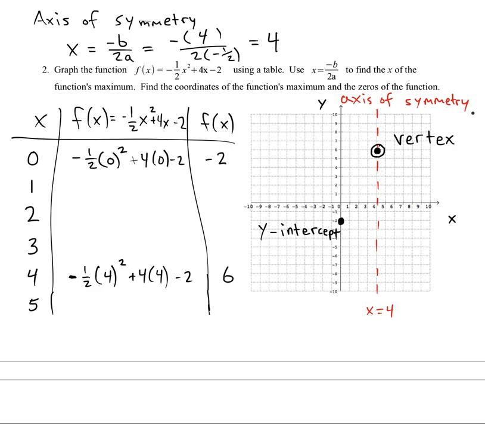Okay, what other points are we really interested in here? How about the zeros? To get those, we'll use the formula negative b plus or minus the square root of b squared minus 4ac over 2a.